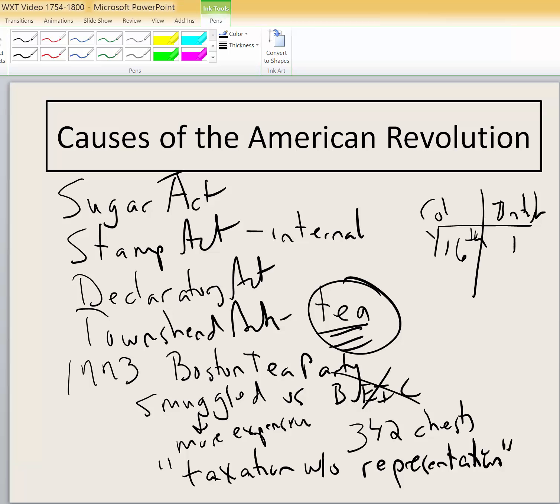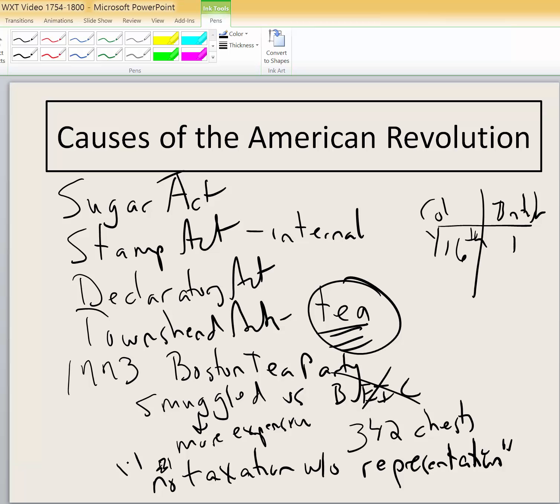The colonists, on the other hand, chanted no taxation without representation, because they felt that laws were being passed for them without any member of the colonies sitting in Parliament. Of course, there was an ocean separating them, and it was the 1700s, but this becomes the philosophical debate that takes place during this era.